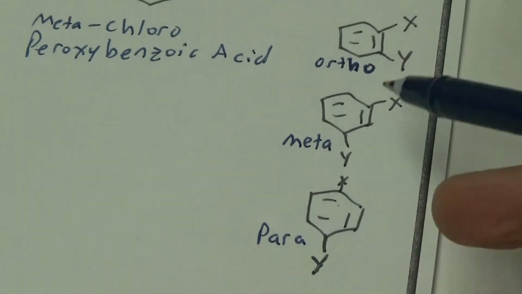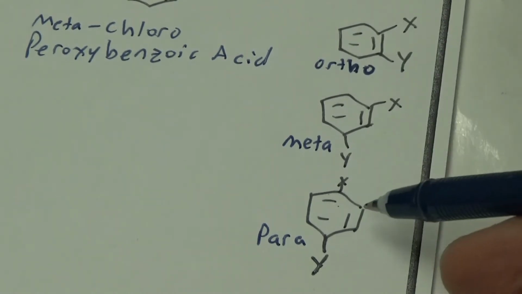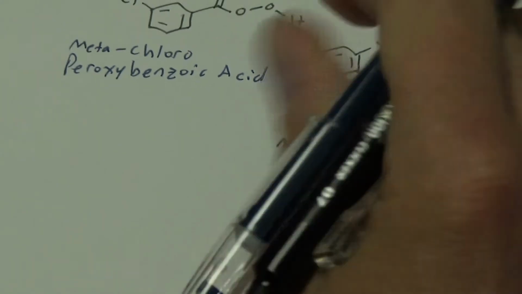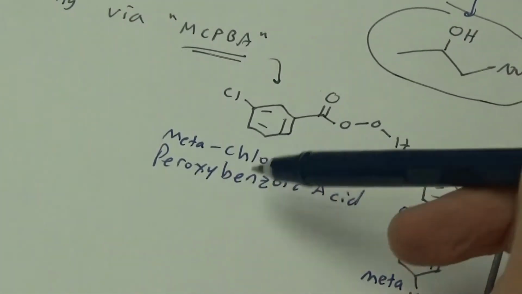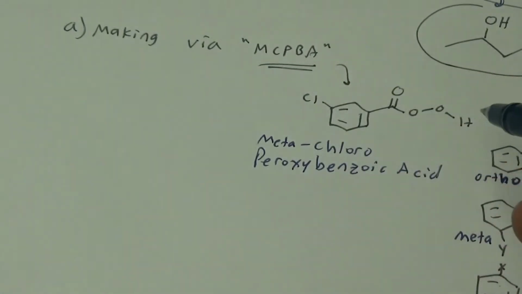Ortho, meta, and para is just this relationship of next door, separated by 1, separated by 2. And that's where the meta comes from. Metachloroperoxybenzoic acid.